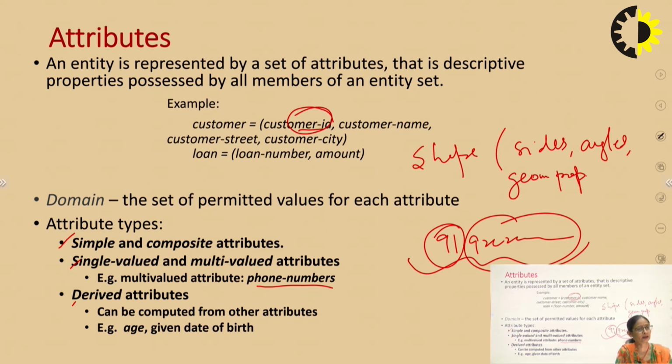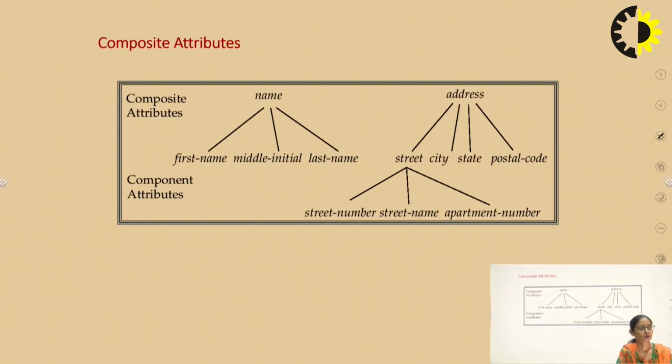Derived attribute is one which we derive from other attributes. For example, age: if we are given the date of birth, then we can calculate the age. We have earlier seen composite attributes. Another example is your name. It is made up of first name, middle name, and last name.